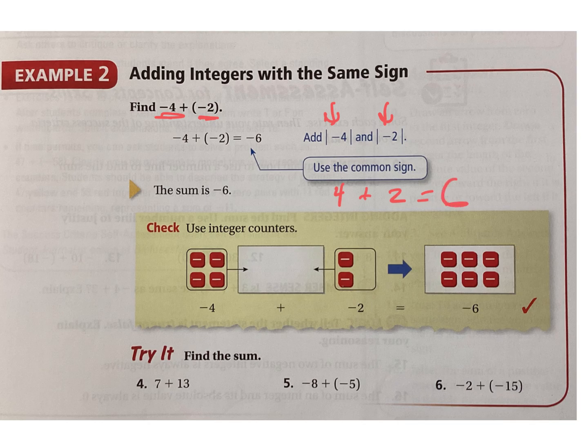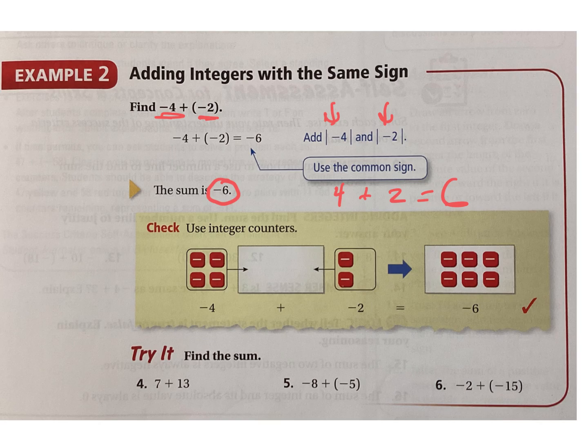And then I use the sign that is common to both of them, which is a negative, and it gets me to a negative 6. If you have negative numbers and you add them together, you're going to have a negative number. If you have positives and you add them together, you're going to have a positive.